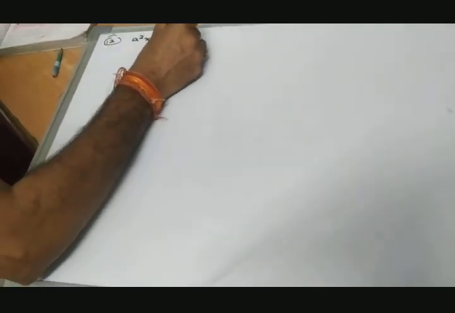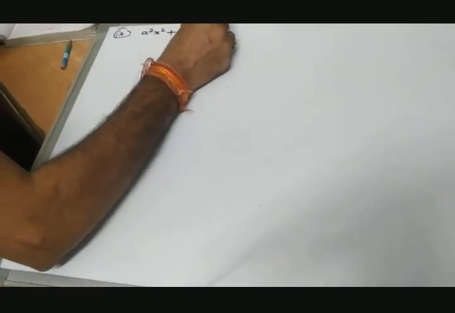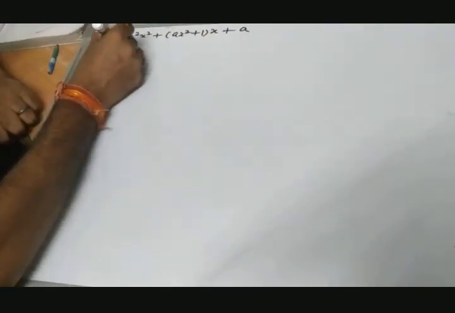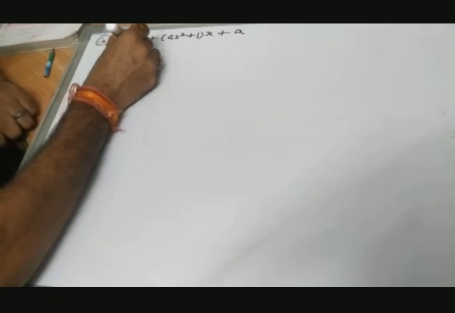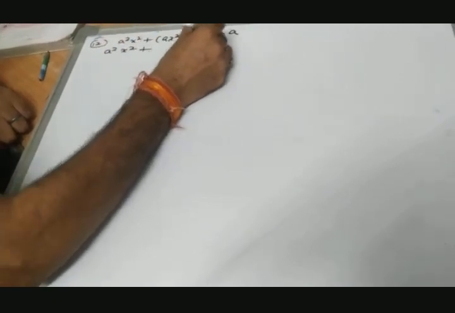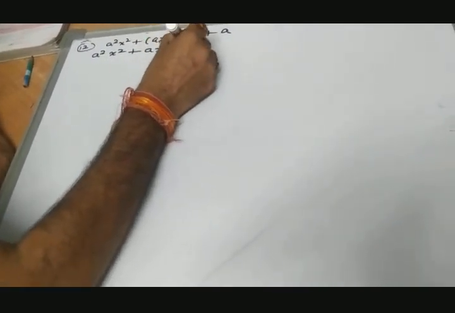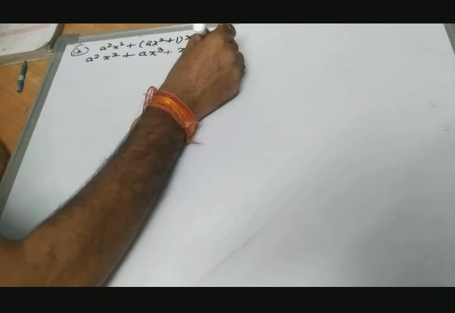Question number 12. Question number 12 is a²x² + ax² + 1 into x + a. First of all, we open the bracket: a²x² into x gives ax³, and x into 1 is x, plus a.